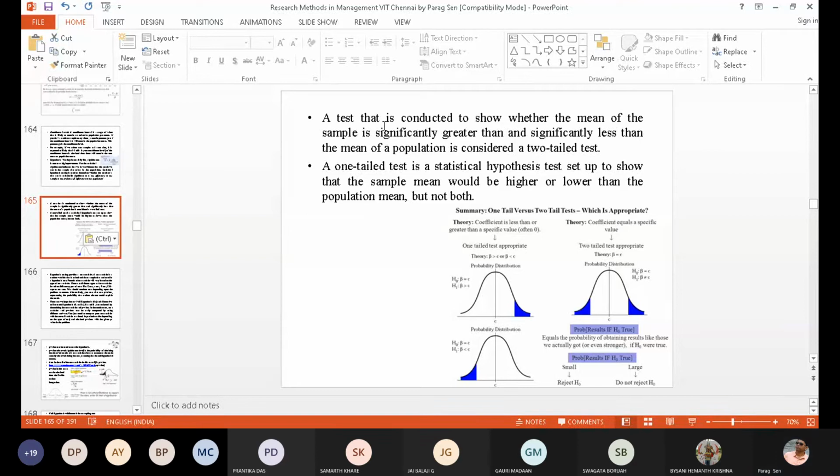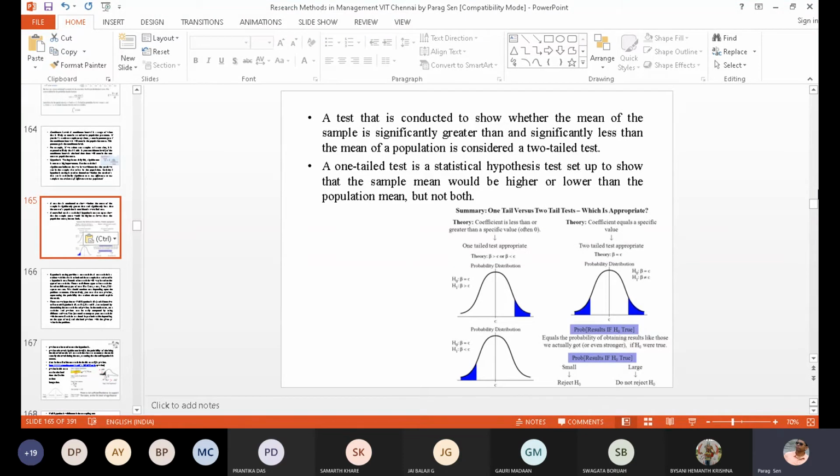A test that shows whether the mean of the sample is significantly greater than or significantly less than the mean of a population is considered a two-tailed test. And a one-tailed test is a statistical hypothesis test set up to show that the sample mean would be higher or lower than the population mean, but not both.